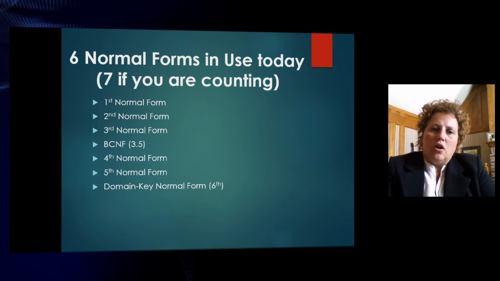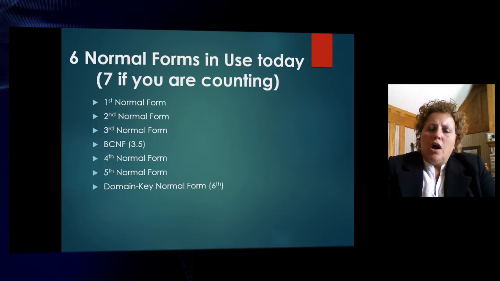Most databases are in the third normal form, first, second, or third, and often the 3.5. And again, the BCNF was put into play in 1974 really just to deal with certain types of anomalies that the third normal form couldn't really deal with in those rules.